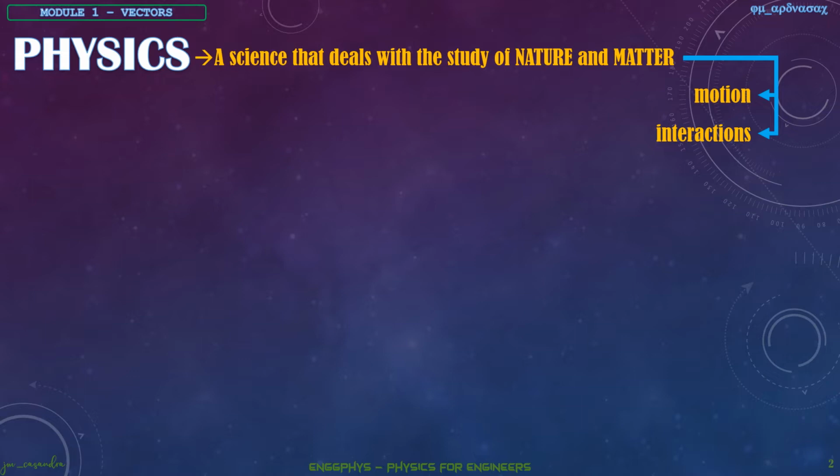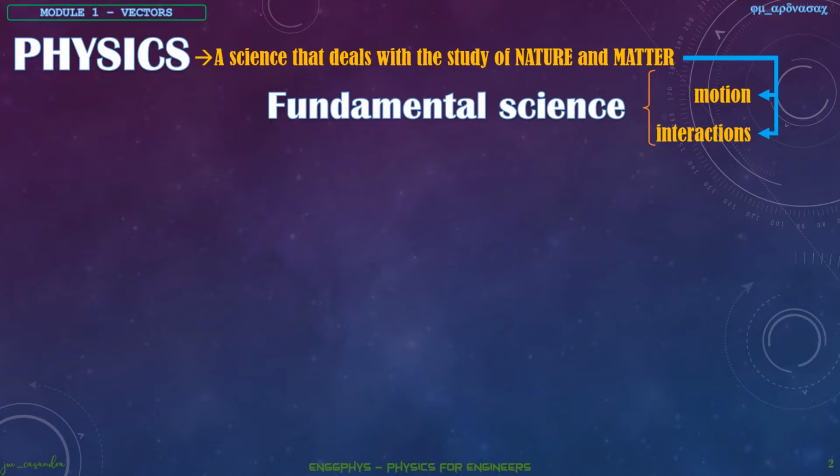Since we are talking about nature and matter, physics is distinguished as a fundamental science. Since we are talking about the broad topic of nature, almost all sciences are based on or related to physics.